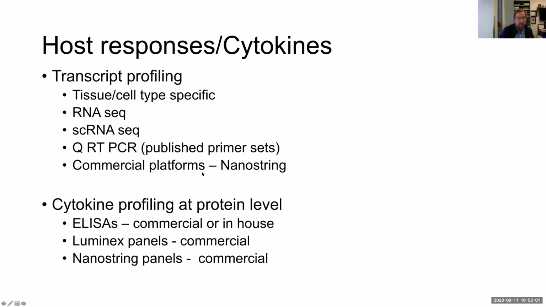There are also some commercial platforms that have gene sets to look at this. And at the protein level, you could use ELISAs or Luminex panels, or NanoString is another commercial panel. I haven't used these, but I've certainly seen them used in several publications, and maybe others can comment on that.